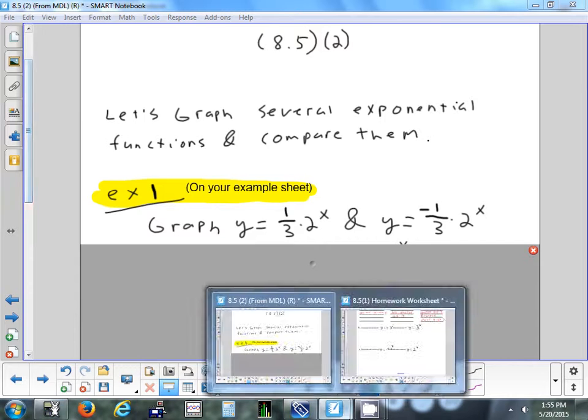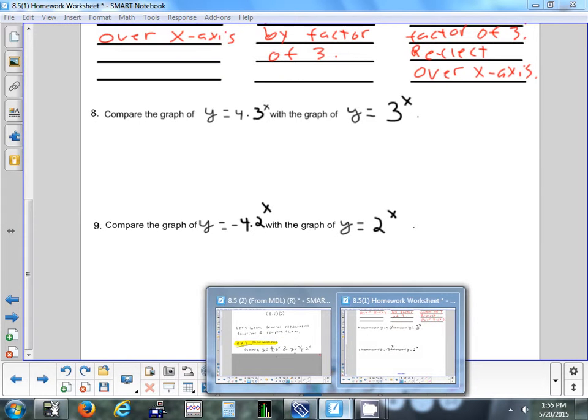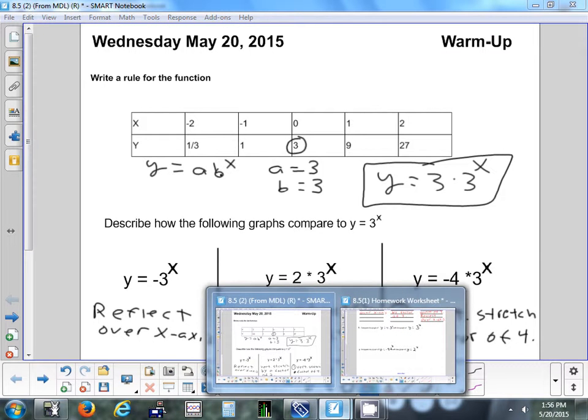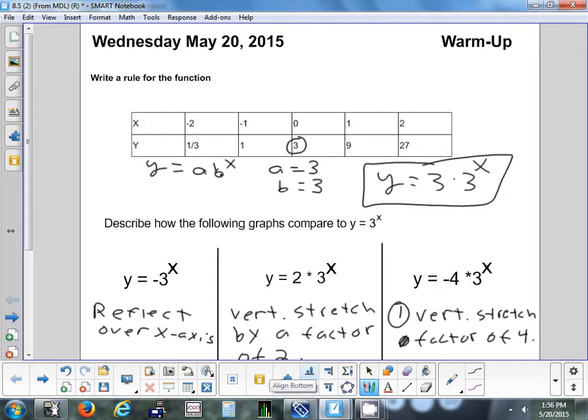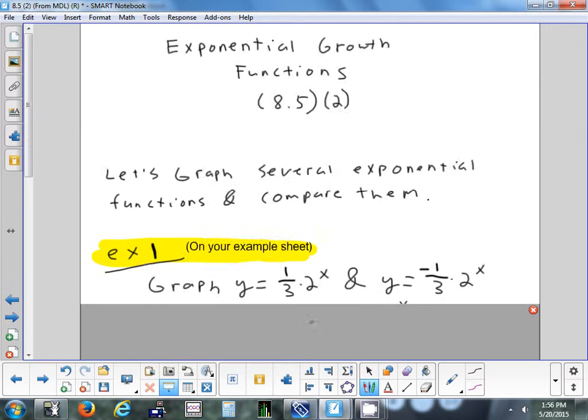In the warm-up, we had some other examples: 4, -4. What do you notice every time about the number that was in front? Look at these examples: 3, 2, 4. All those numbers are bigger than what? 1. They're all bigger than 1.